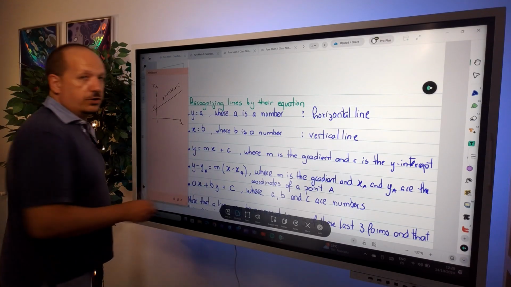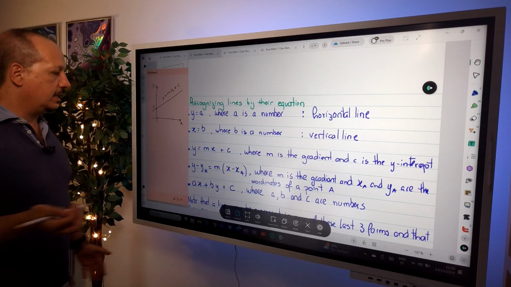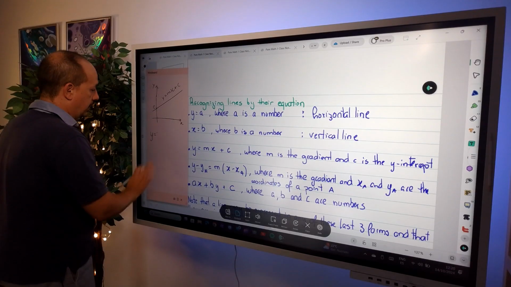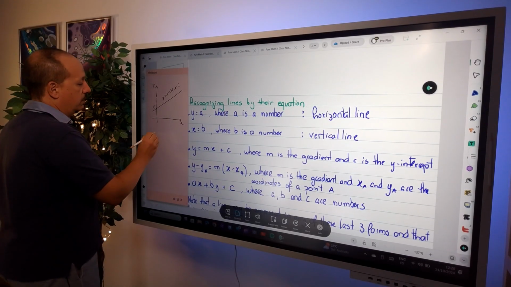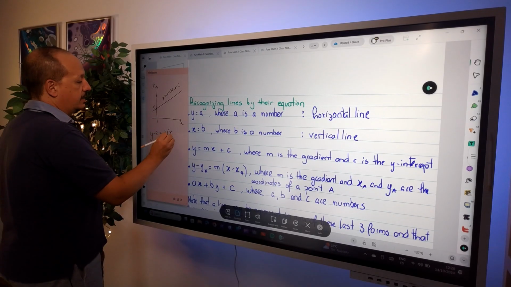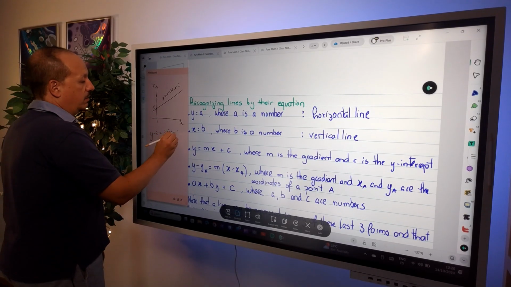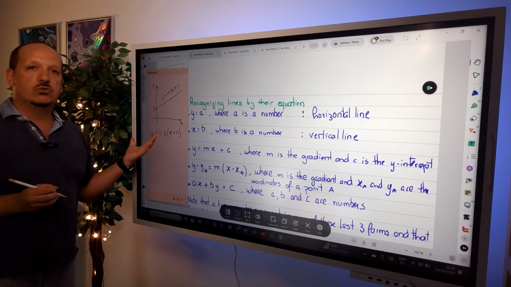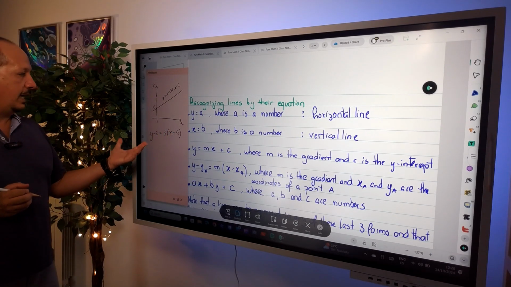But you may have other two ways of a line being represented. So let's say that we have y minus 2 equals 3 times x plus 4. This is also a way to represent a line.